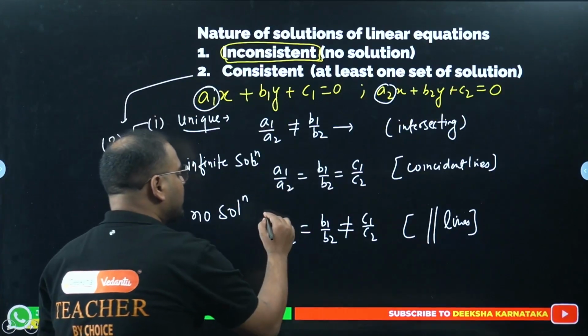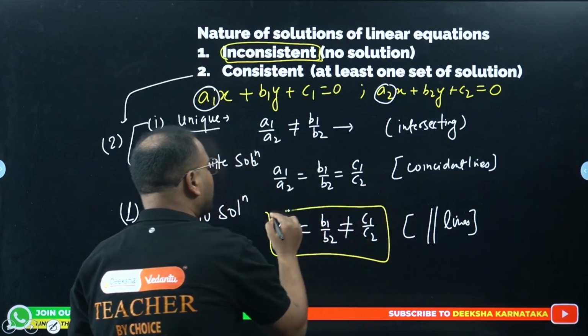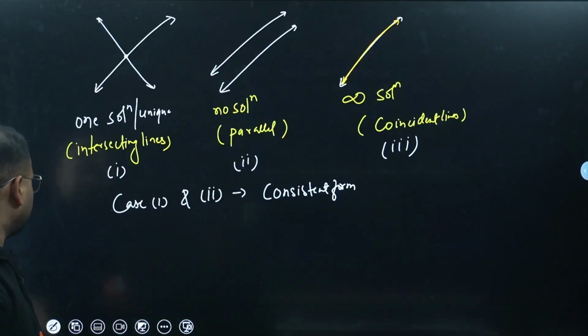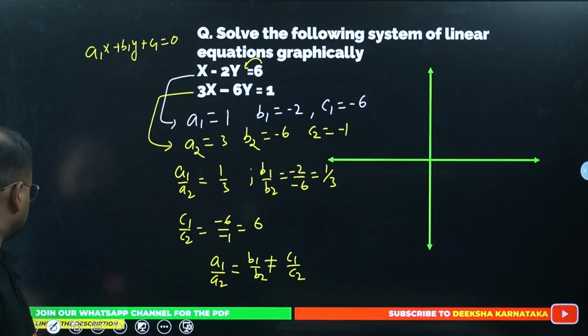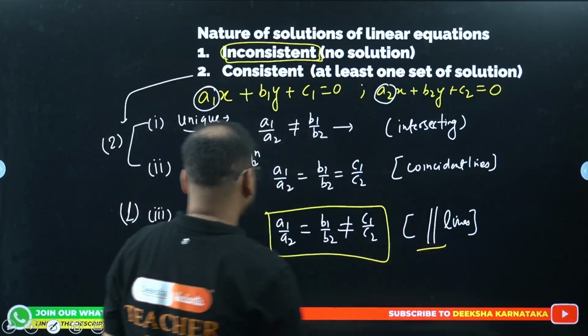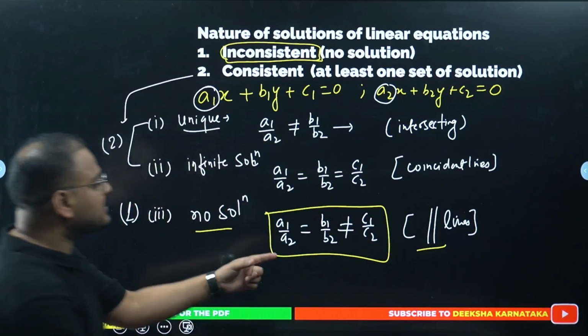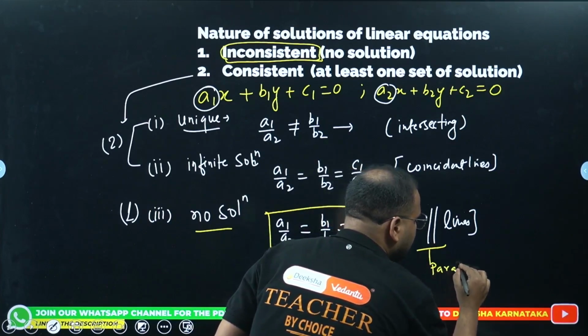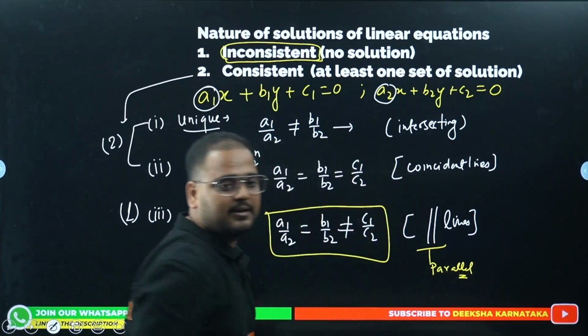A1 by A2 equal to B1 by B2 but not equal to C1 by C2. It means it is what? Parallel lines, right? That was parallel lines. No solutions. Oh, this line represents parallel, okay? This represents parallel. I hope you understand.